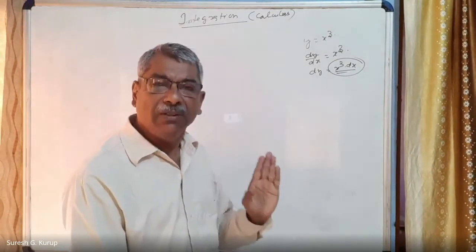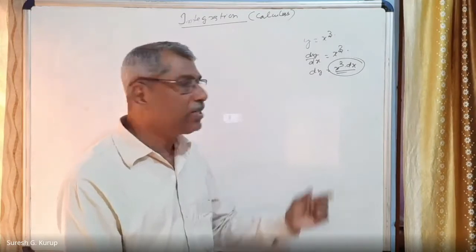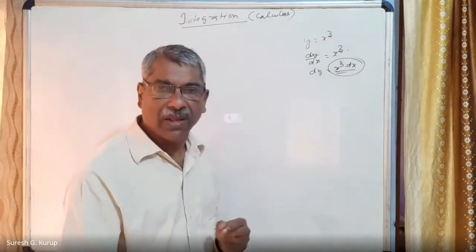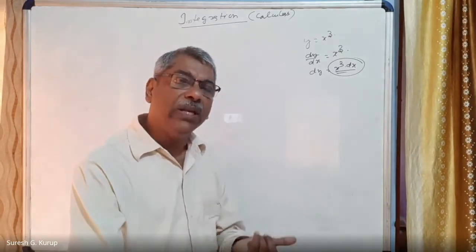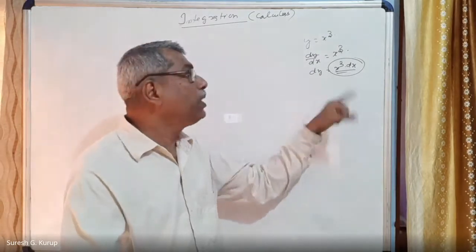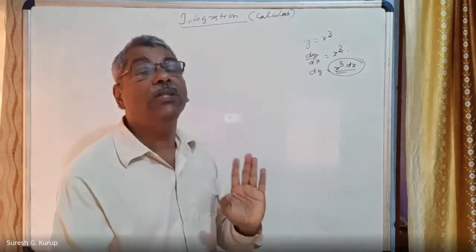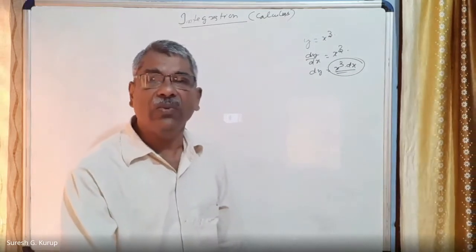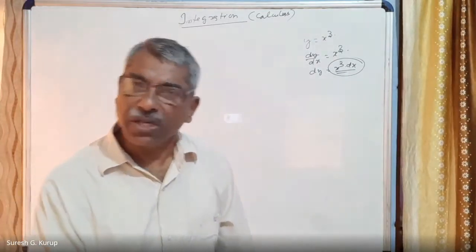So from differentiation, actually what we are getting is the very small change in the value of the function, right? Now, through integration, from this very small value of the function, we can obtain the whole function itself. That is why it is called the reverse of differentiation.